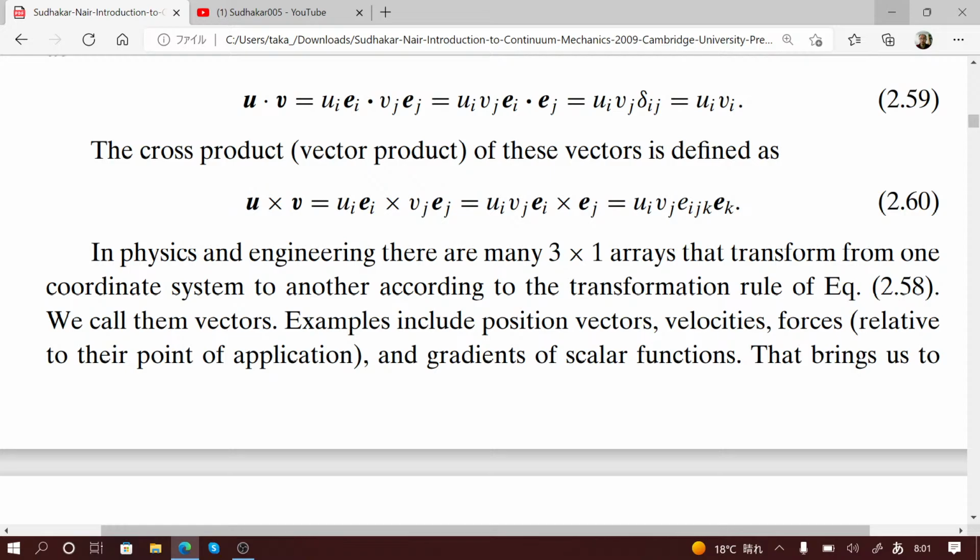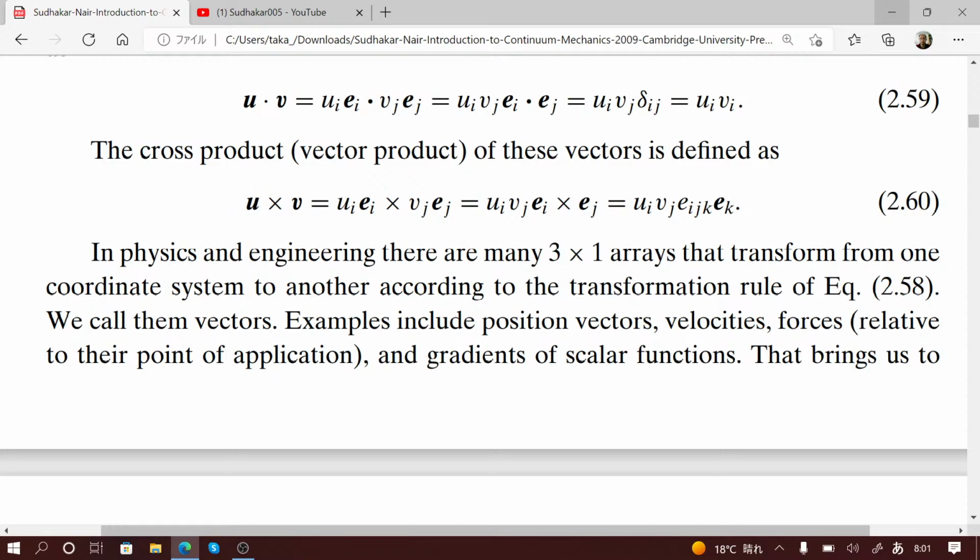That brings us to scalars. I don't know what this sentence here.